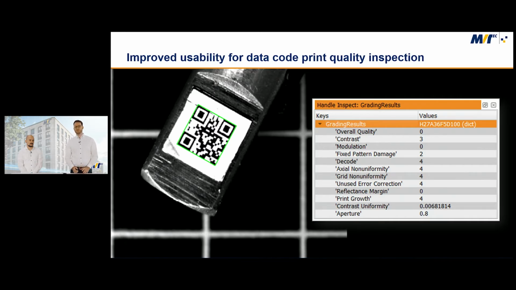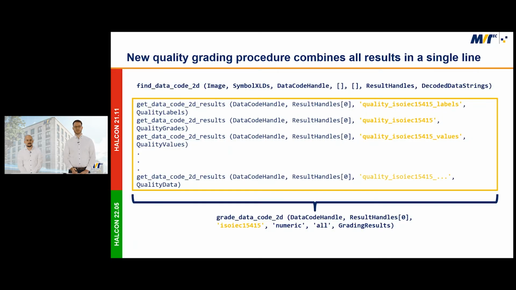Then there's the improved usability. We now have a procedure to get your grading results in just one single call, and then have a handle of grading results, which you can check out in your handle inspect. Before, this was very cumbersome, where you had to use multiple calls of get_data_code_2d_results with different parameters to get your total grading results.